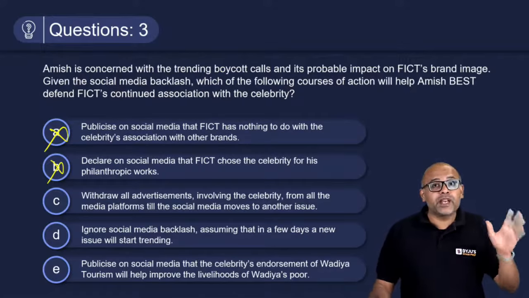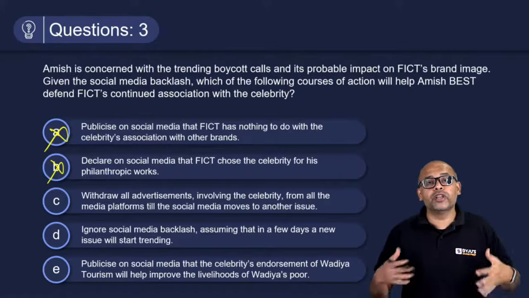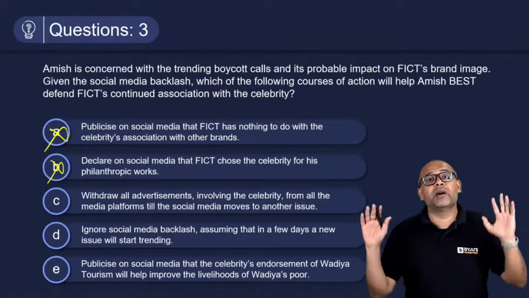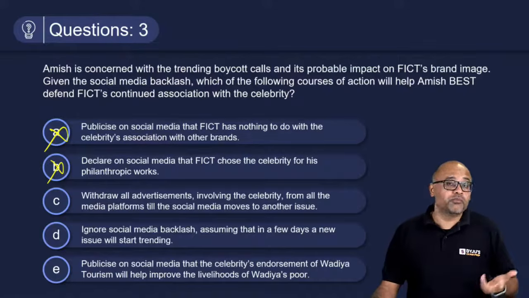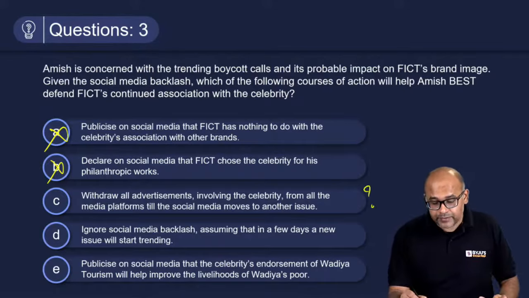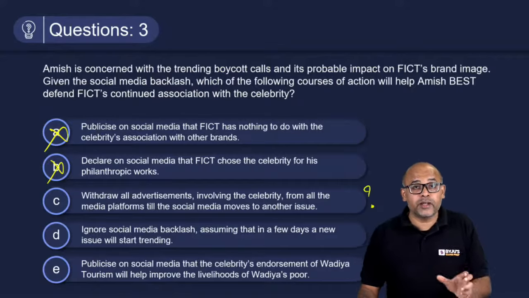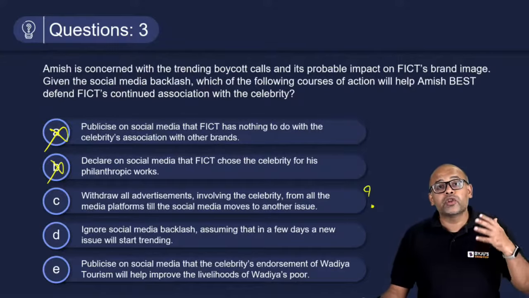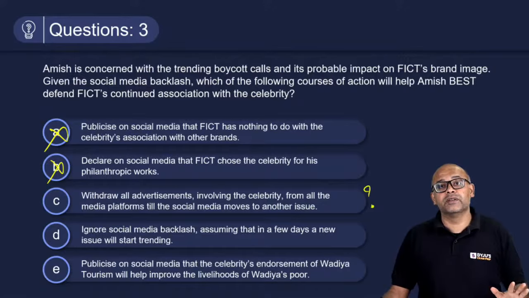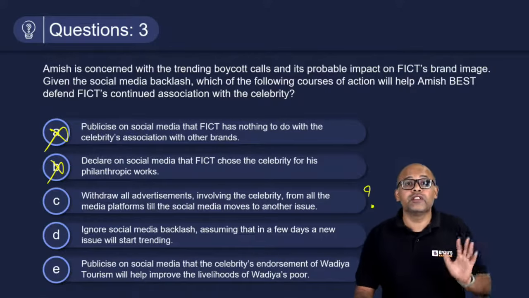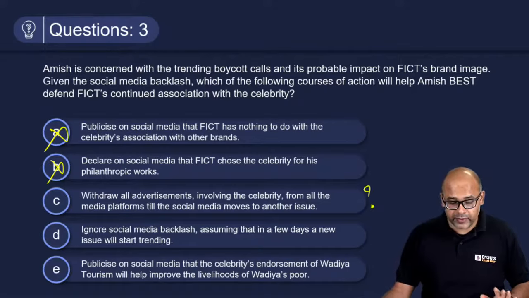If I put all ads on hold, then my company is not going to spend any money on marketing, so people will forget about my company. Would I want to do that? Probably not. Let's keep it aside, because you have to identify the problem in option C. You are stopping advertisements, or I'll have to create ads which do not have this person. Whether those ads exist or not, we still don't know. So let's keep it as a question mark right now.